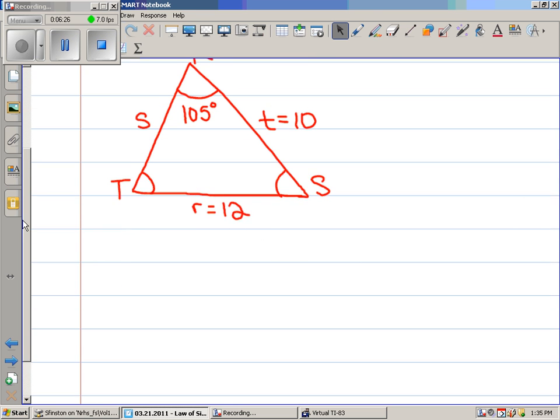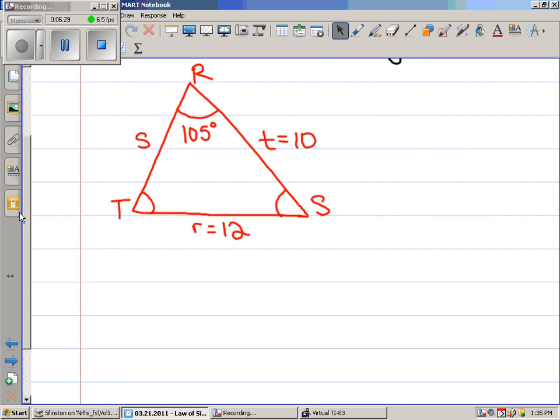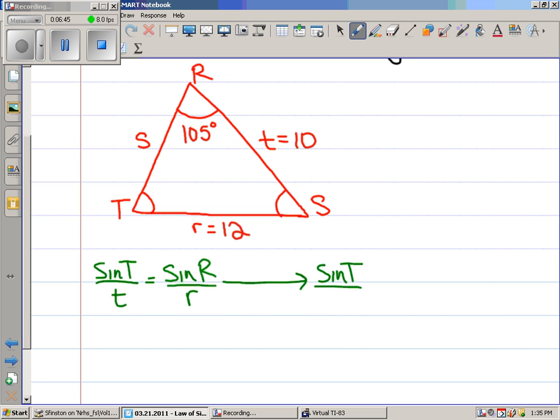So let's go and do this. Let me set it up. I'm going to find T now. So sine of T over side T equals sine of R over side R. I have no idea how much angle T is, but we do know side T is worth 10.